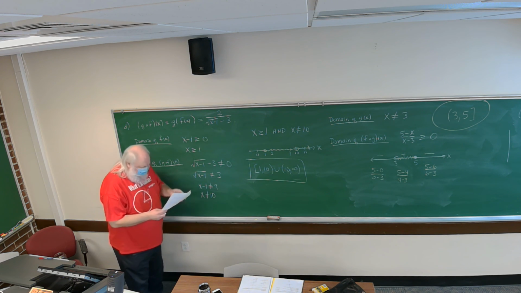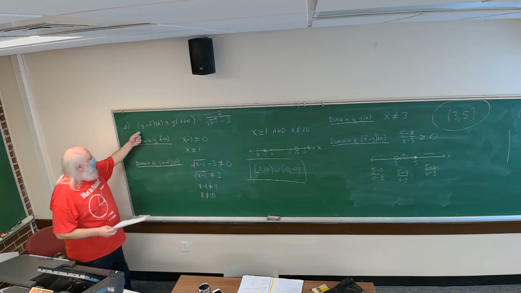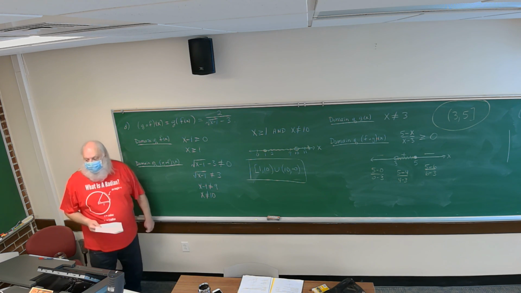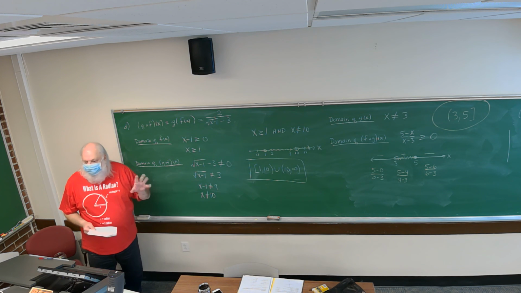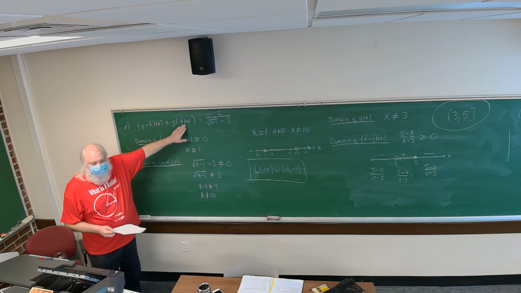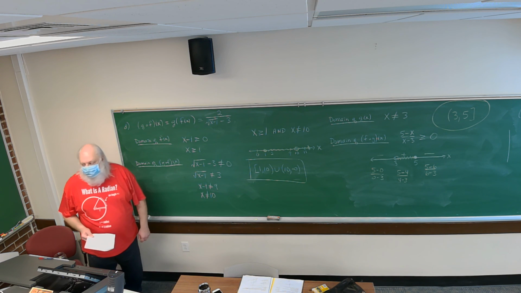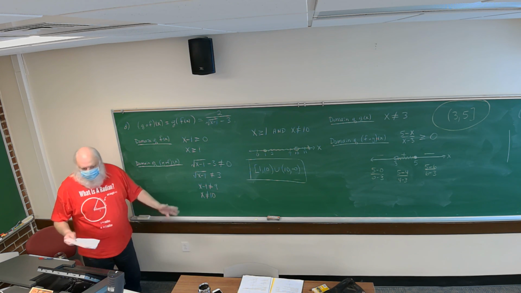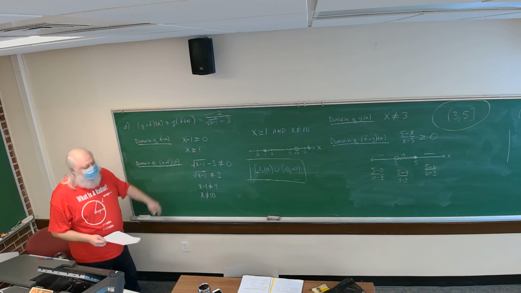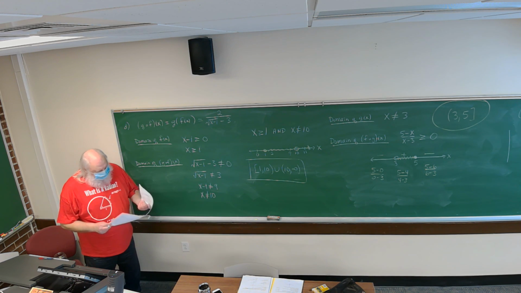And that is the domain for the composite of g with f. Okay? So it's sort of a two-step process. First you find the domain of the inner function, see what its restrictions are, and then you find the additional restrictions on the composite. Okay? And those two together give you the domain of the composite function. Okay? All right.